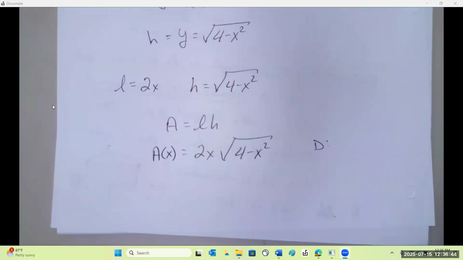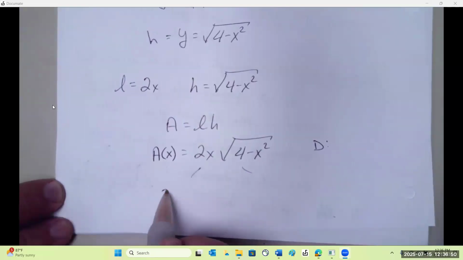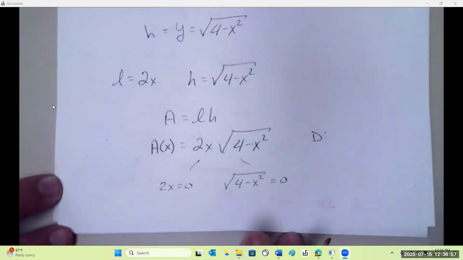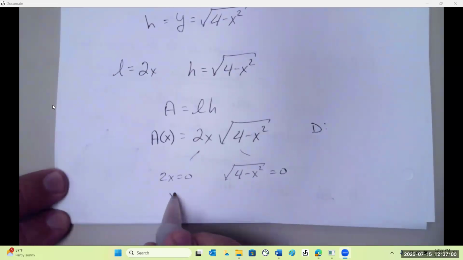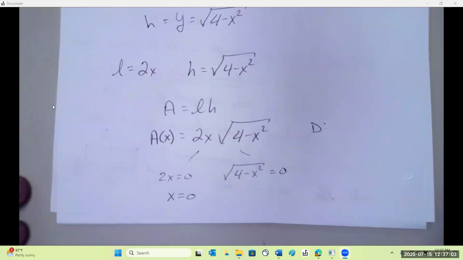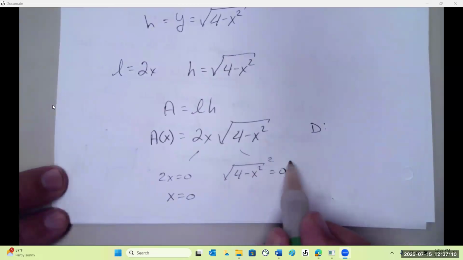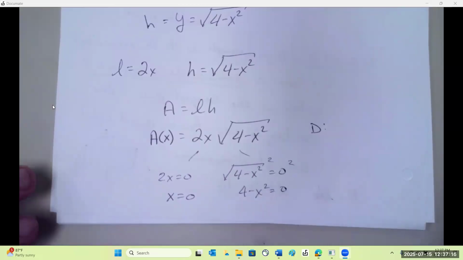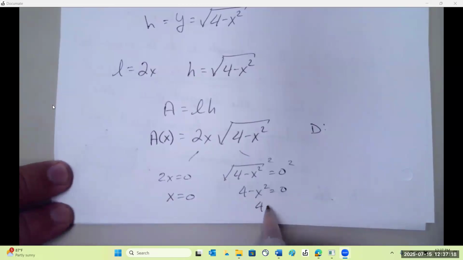How do you find the domain? Take both of these, set them equal to 0. So we get x equals 0. Get rid of the square root. You square both sides. So you have 4 minus x squared equals 0. 4 equals x squared.